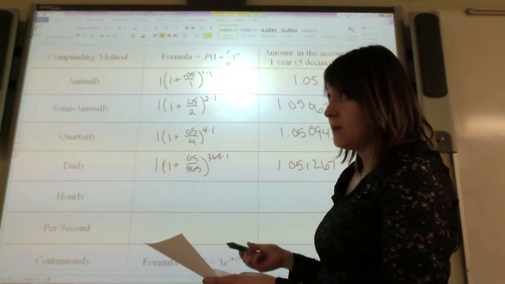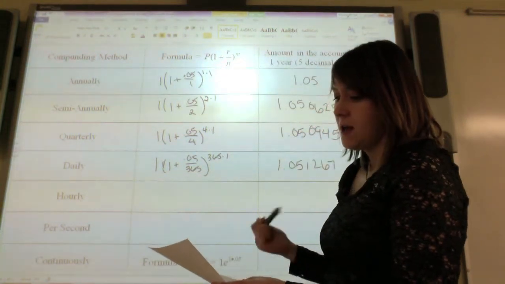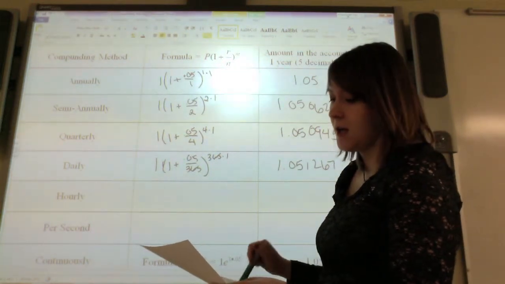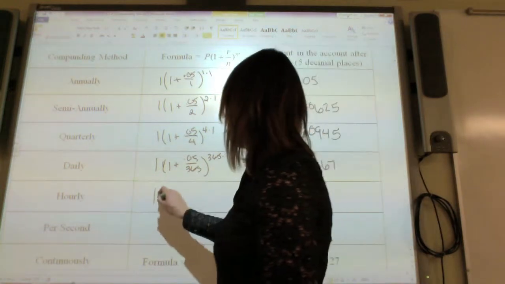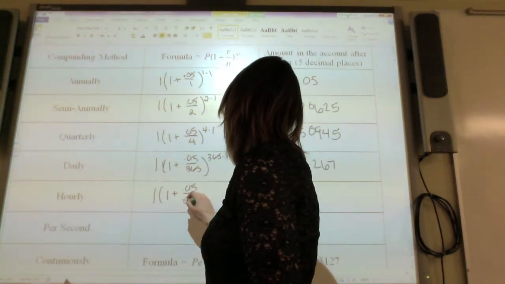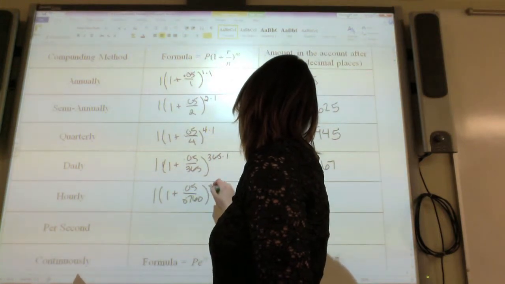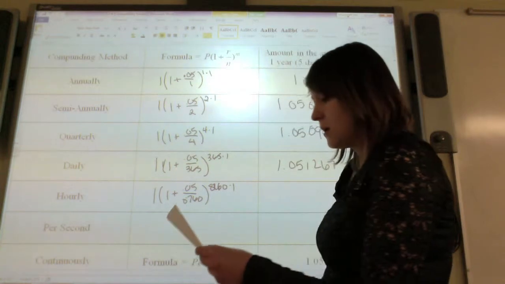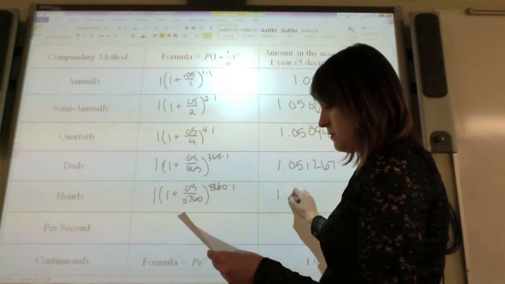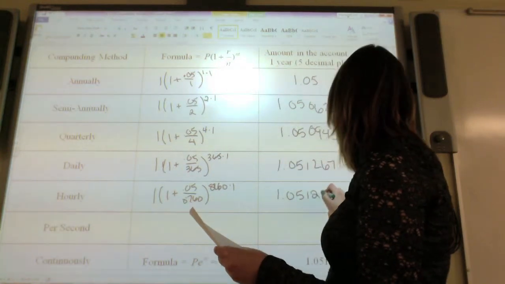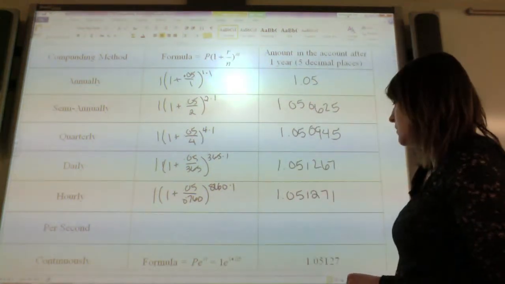Well, I know that there are 24 hours in a day, and there's 365 days in a year, so if I multiply those two numbers together, I get 8,760. So if I compute that out, I get 1.051271.